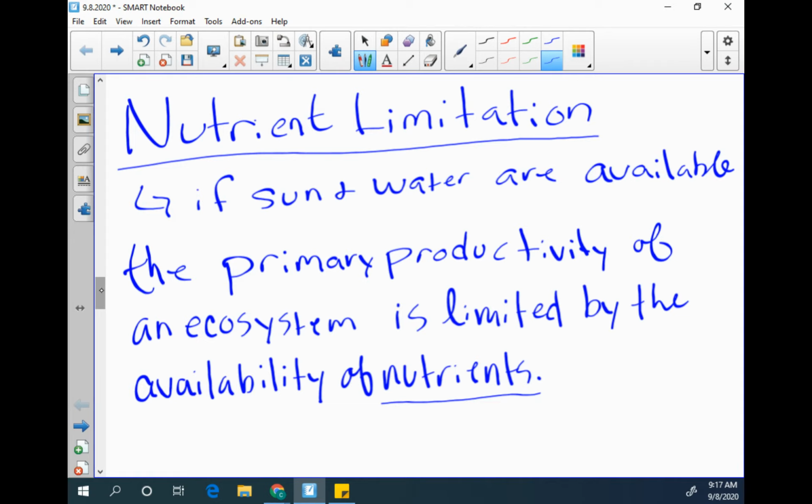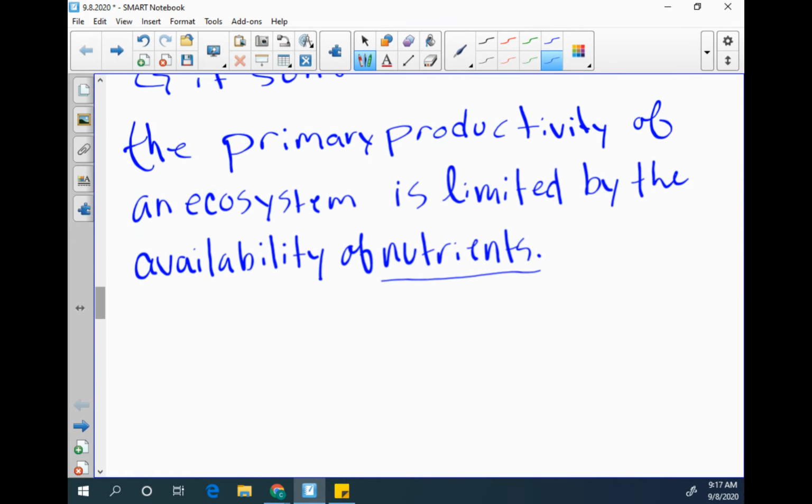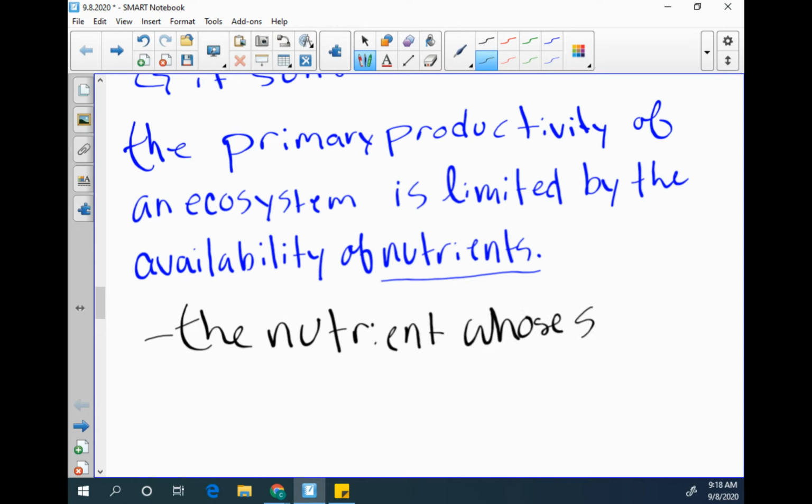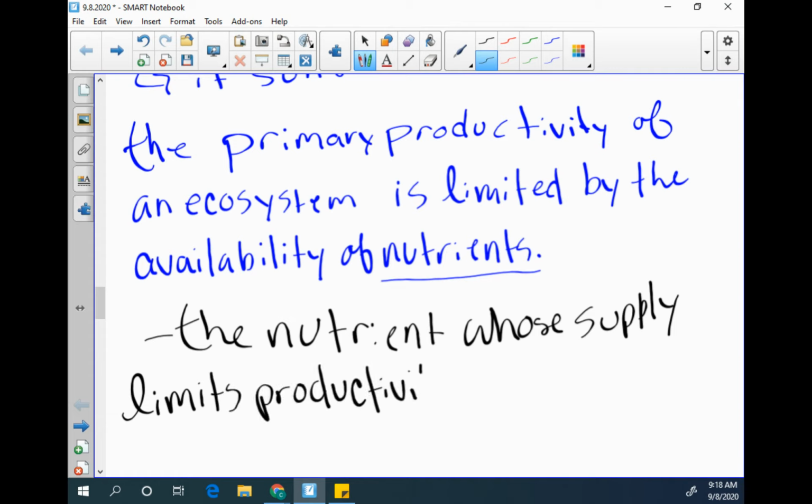So, the nutrient whose supply limits productivity is called the limiting nutrient.